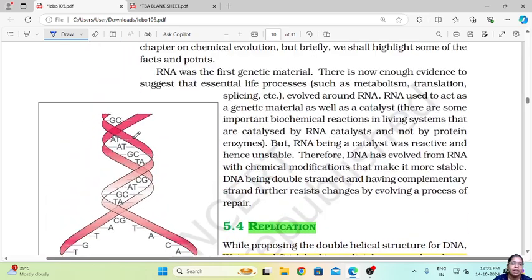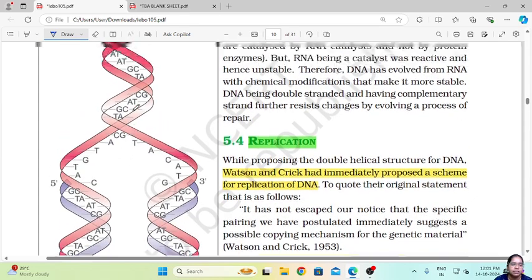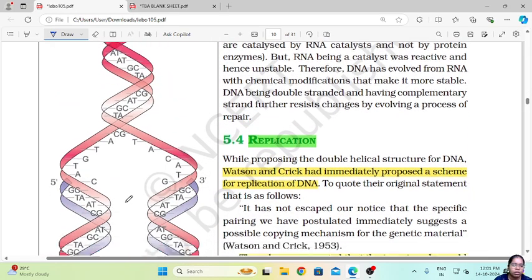Over here we can see the parent strand of the double helix DNA. Replication is basically producing new copies of the parent, and it is semi-conservative. The DNA will form a replication fork.